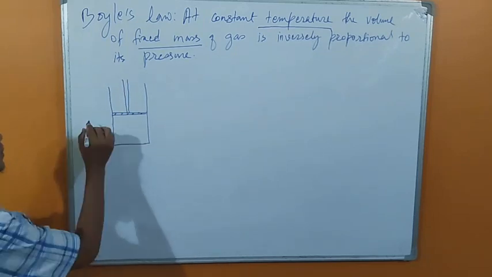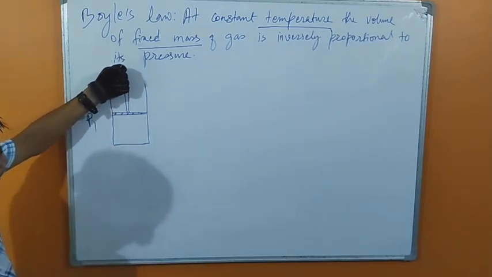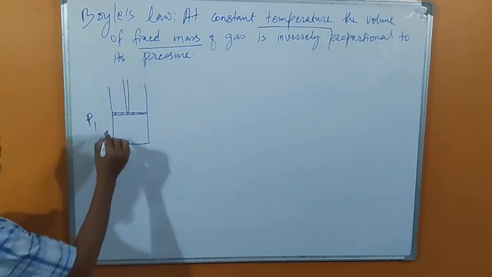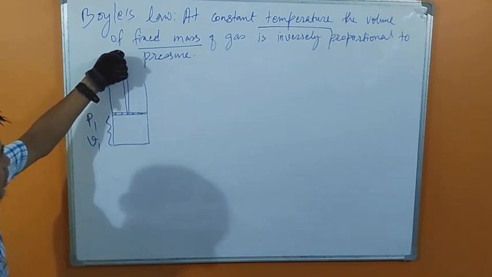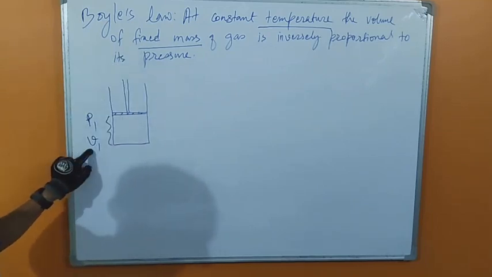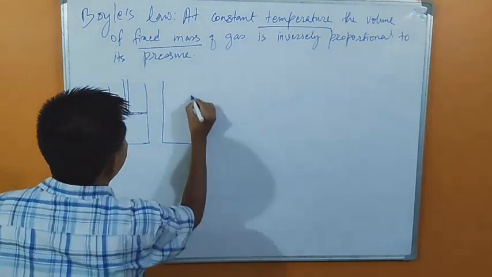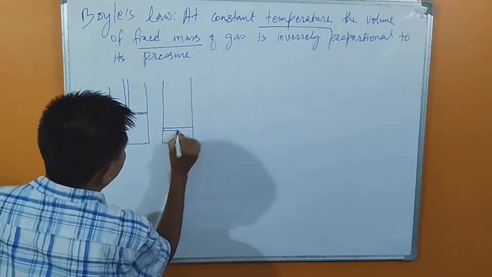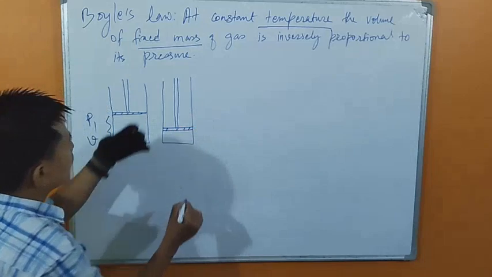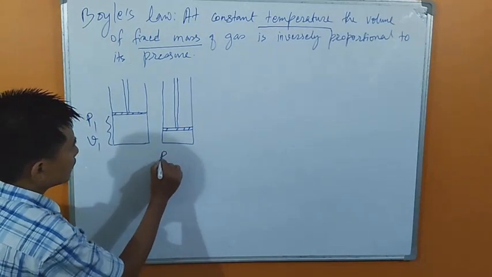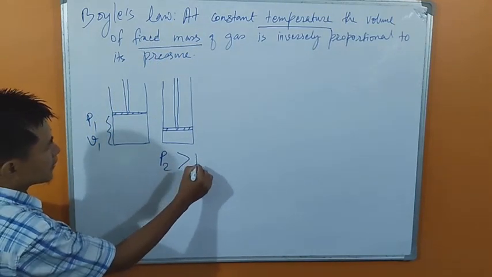Here, suppose you apply the pressure P1. When you compress with the pressure P1, the volume was, let us say, V1. Now, when you increase the pressure by compressing the gas, let us say you apply pressure P2, and this pressure P2 is greater than the pressure P1.